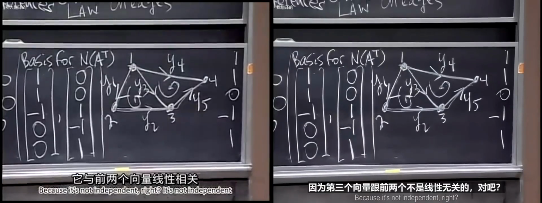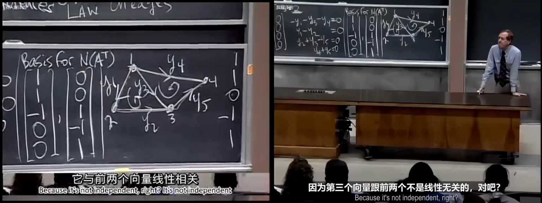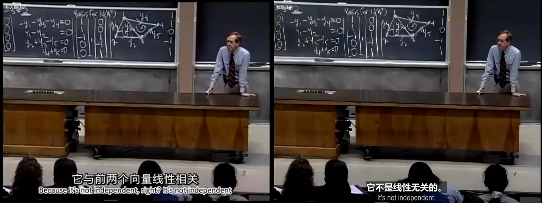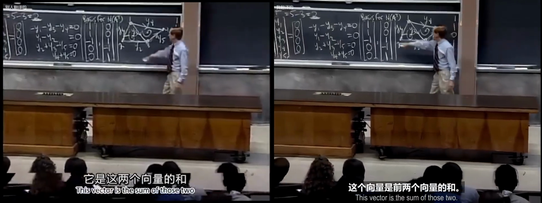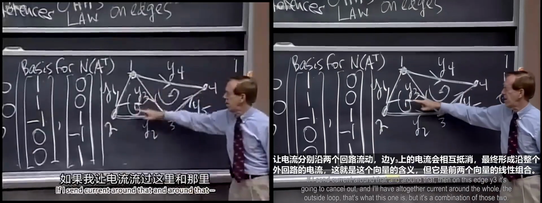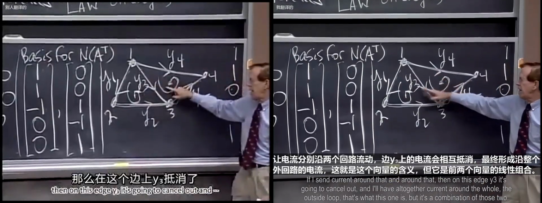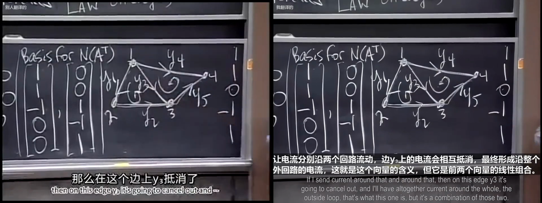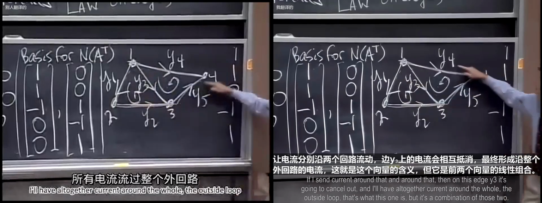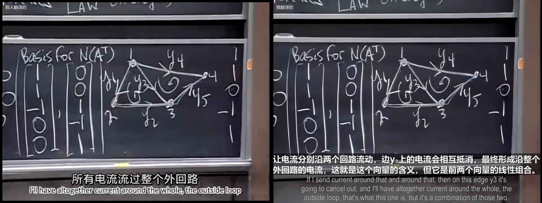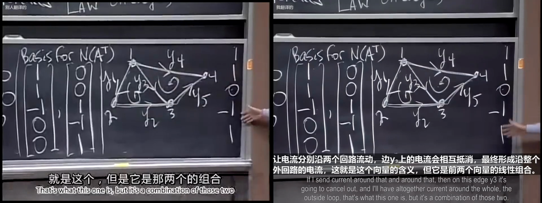Because it's not independent, right? This vector is the sum of those two. If I send current around that and around that, then on this edge y3 it's going to cancel out, and I'll have altogether current around the outside loop. That's what this one is, but it's a combination of those two.